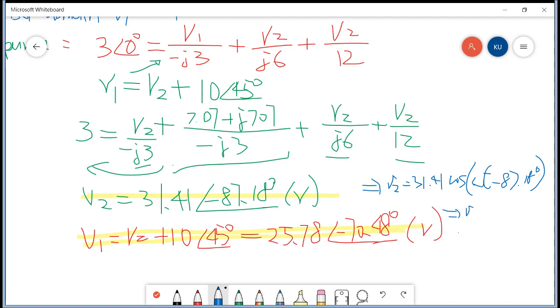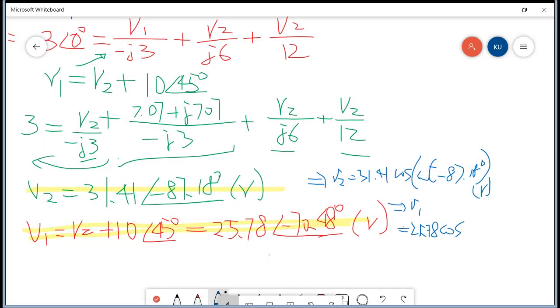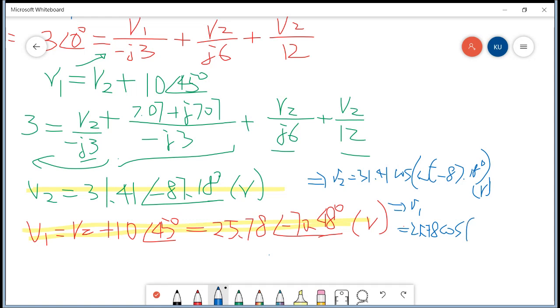And V1 will be in volt. So V1 will be 25.78 cosine omega t minus 70.48 degree, also in volt.